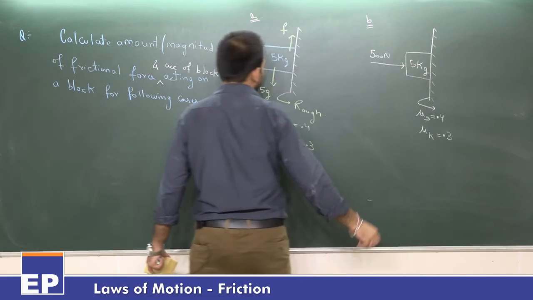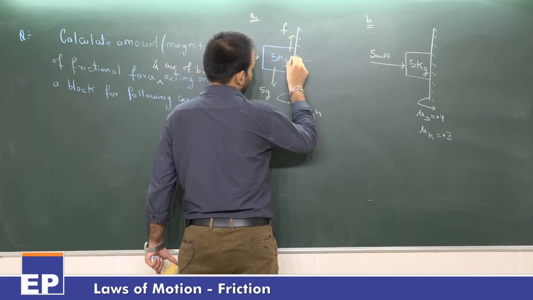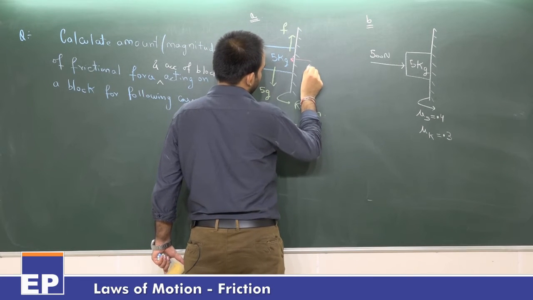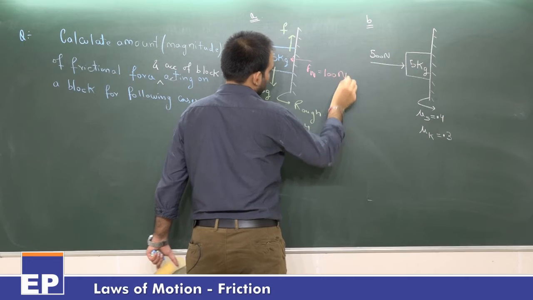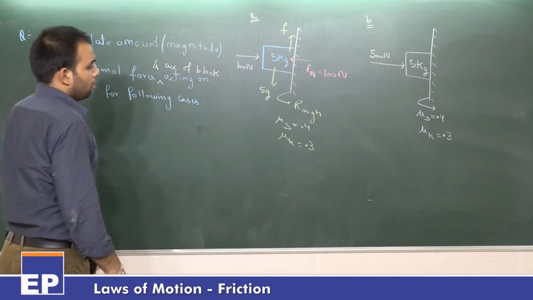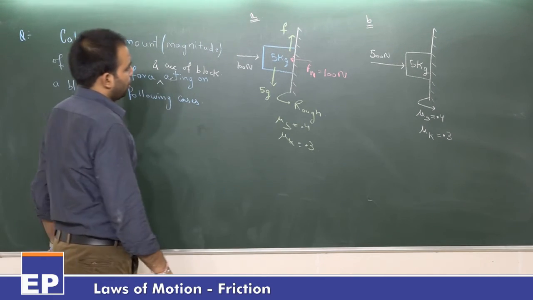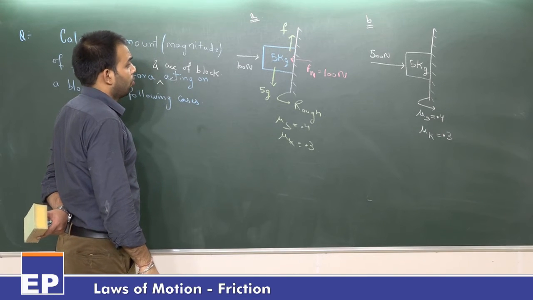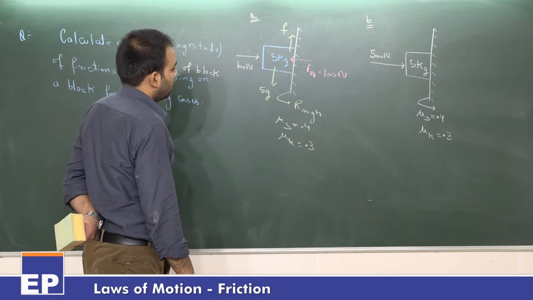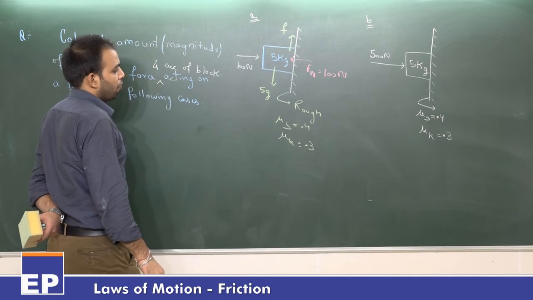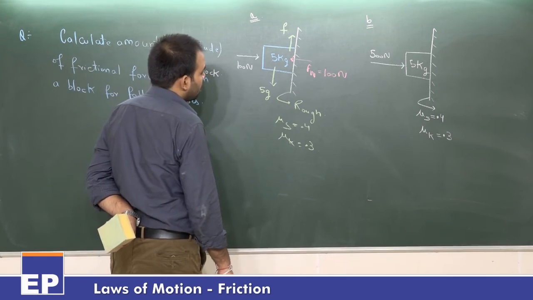Now, how much is the normal reaction there? If we look in this direction, the normal reaction is 100 Newton. 5G is downward, friction is upward, and 100 Newton is this normal reaction. So we can say this thing.